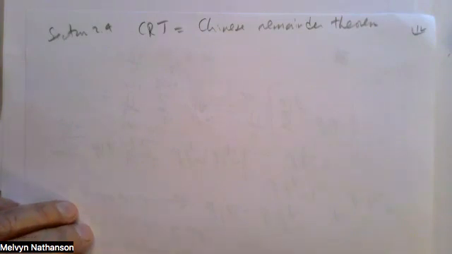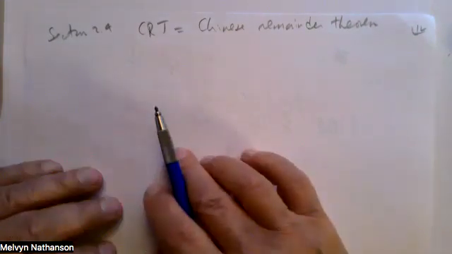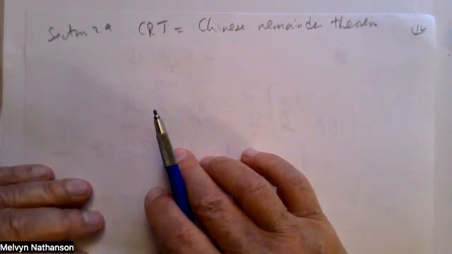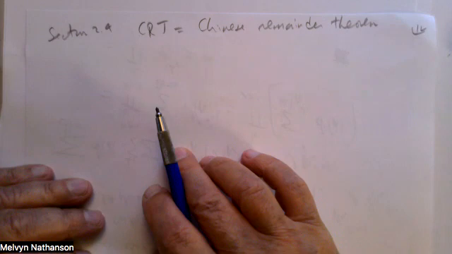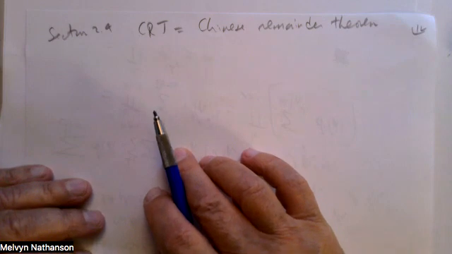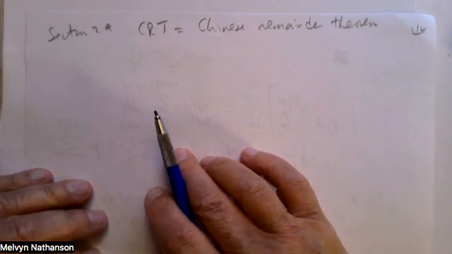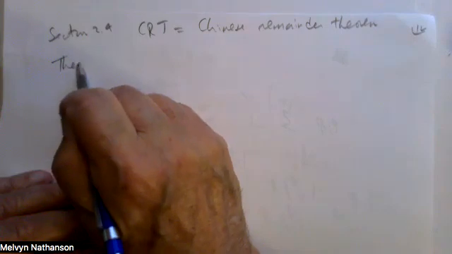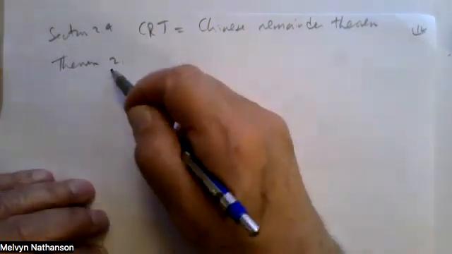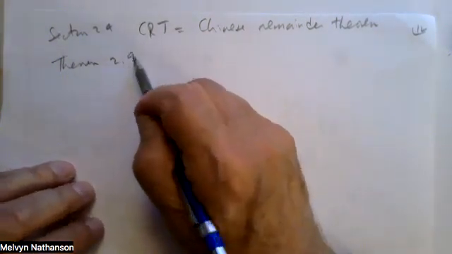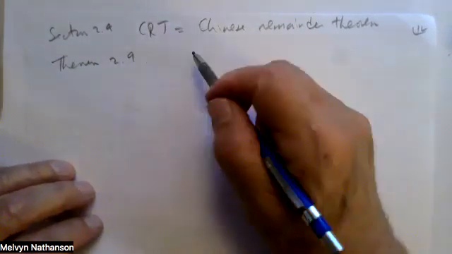And the Chinese remainder theorem is a theorem about, for example, instead of solving two equations in two unknowns, we're solving two congruences with two different moduli. So the first form of the Chinese remainder theorem, this is theorem 2.9, says the following.